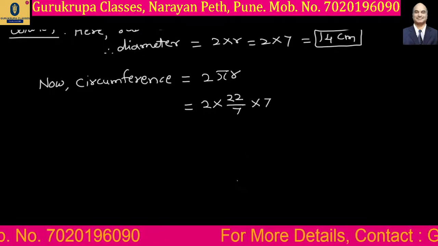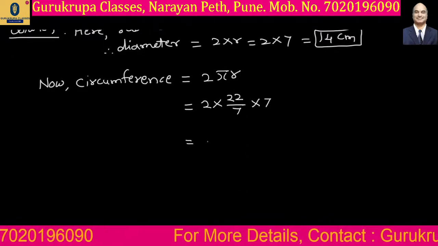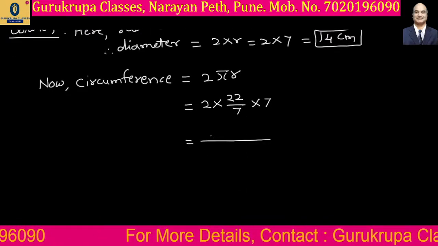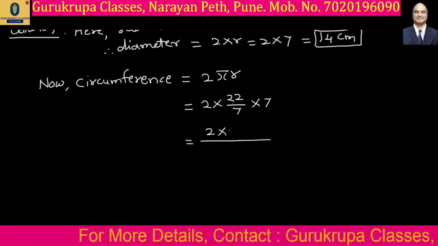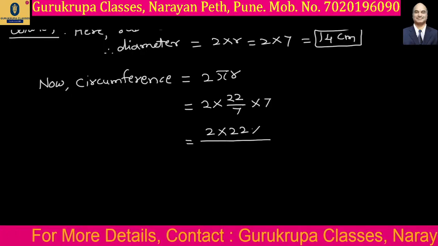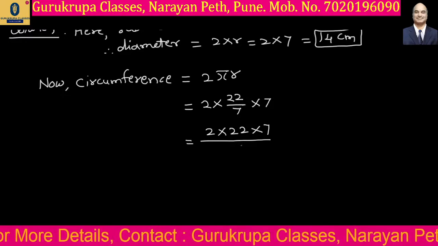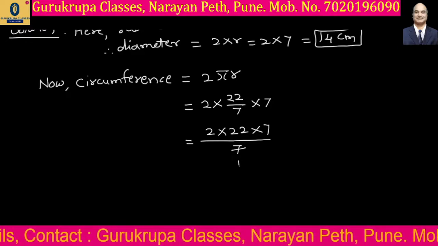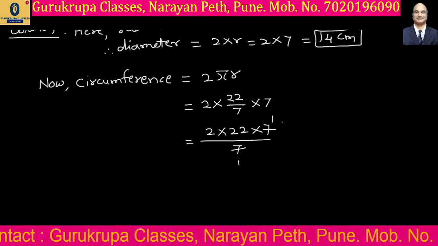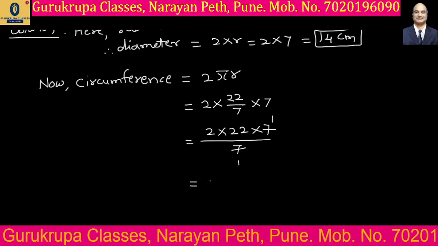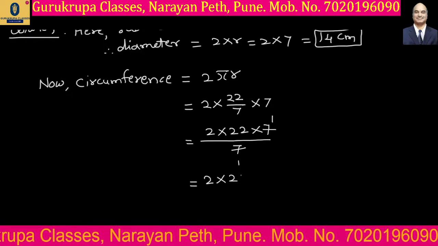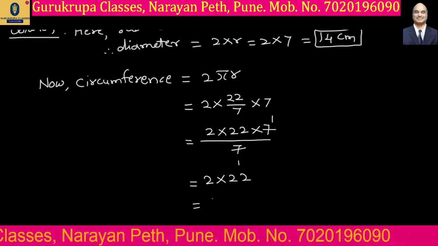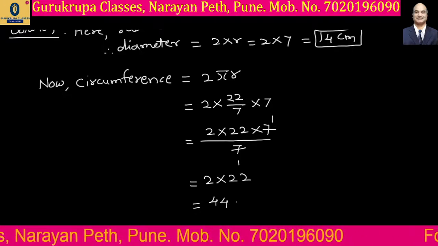Okay. So for calculations we have these numbers: 2 into 22 into 7 upon 7. Denominator is same, 7. So 7 ones are 7, 7 ones are 7. The numbers remain for calculation: 2 into 22, result is 44.